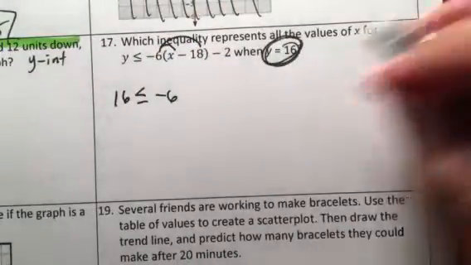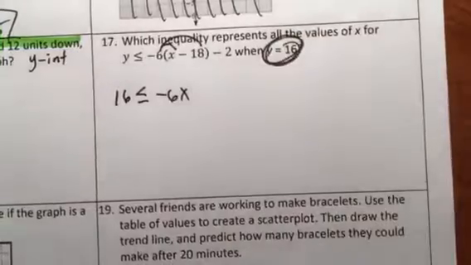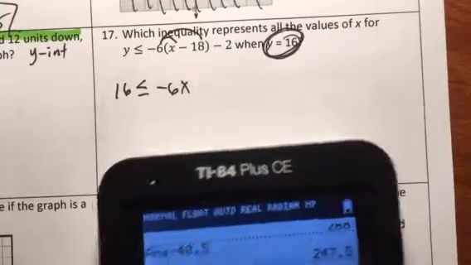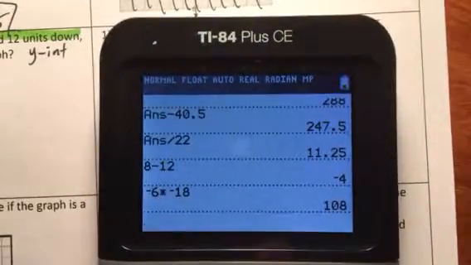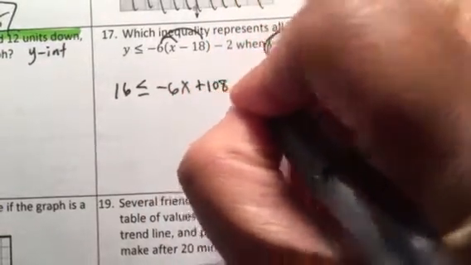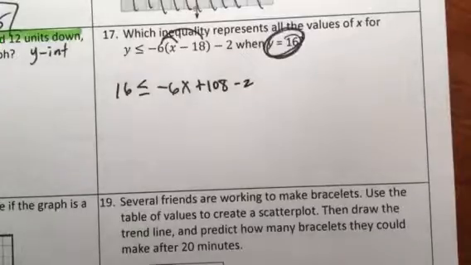So I'm going to plug in, and at the same time I'm going to go ahead and just distribute that -6. So -6 times -18 is 108, positive. Remember, 2 negatives give you a positive when multiplying.